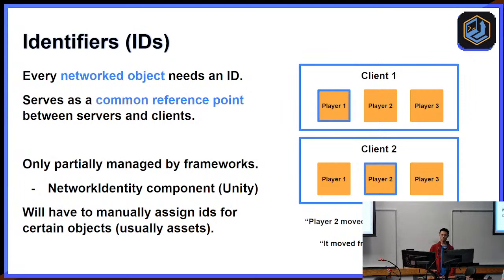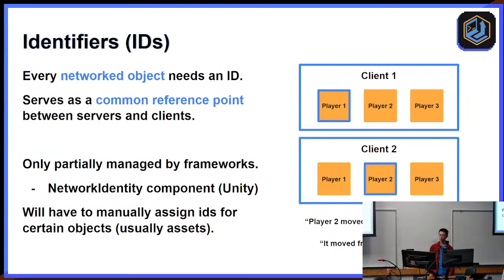It is only partially managed by frameworks. For Unity frameworks, they usually will assign IDs for every single network identity, actually for every single game object. But for assets like images, sprites, textures, shaders, you have to do that yourself. You usually have to manually assign IDs for certain objects, which are usually assets.